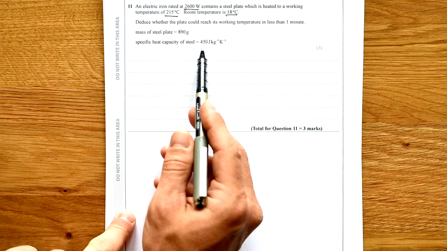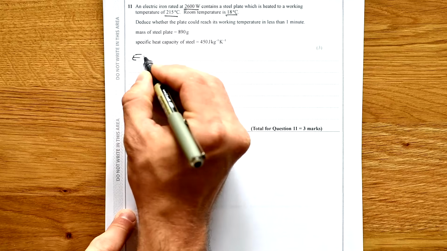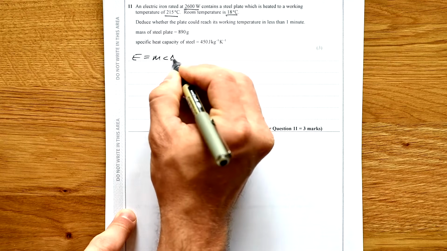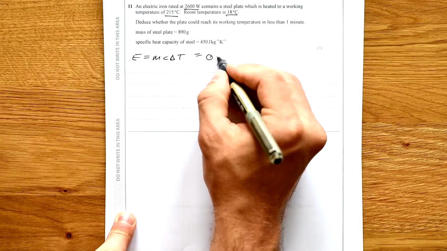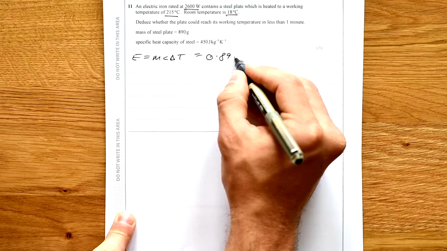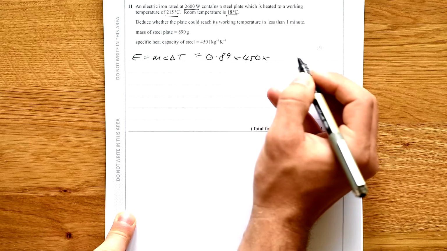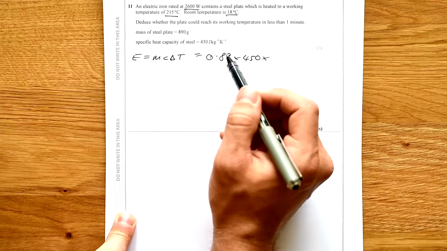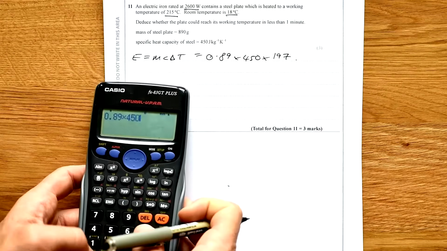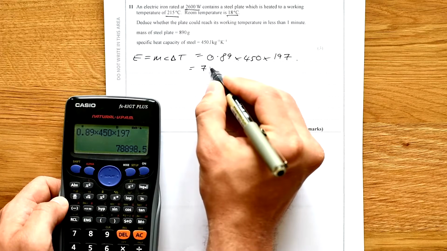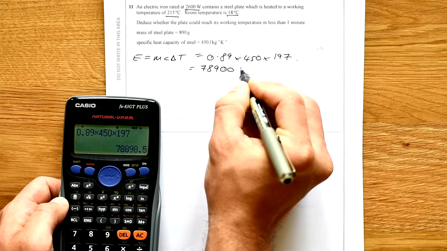Okay, so we need to first of all find out how much energy goes in. So that's E equals mc delta T, or mc theta. So that's going to be 0.89 times 450 times our temperature change, 215 take away 18, that gives us 197. So what is that? 78,900 joules.